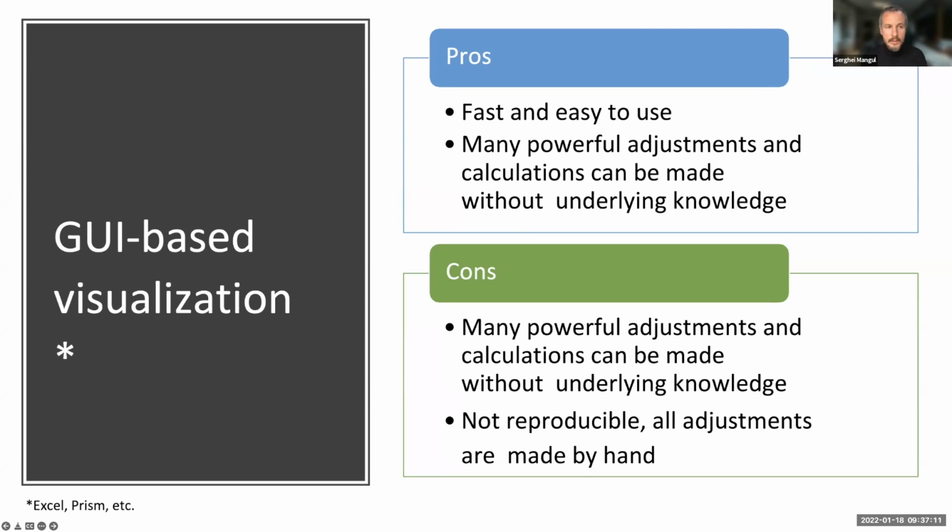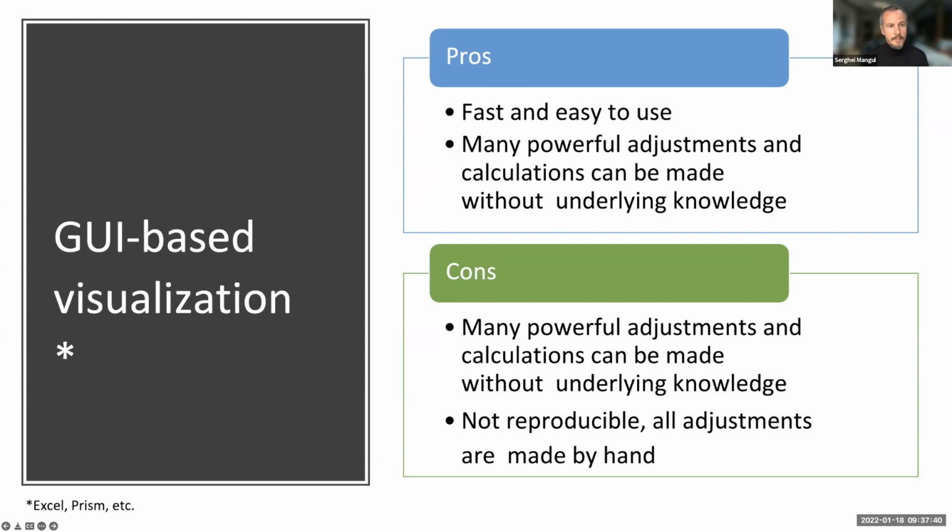So cons, disadvantages. I think you can do adjustments, but you don't touch the data, you don't see the data. I think it's both a disadvantage and an advantage. It depends how you use it. And I think it's the disadvantage of a graphical interface like Excel, that it is non-reproducible.